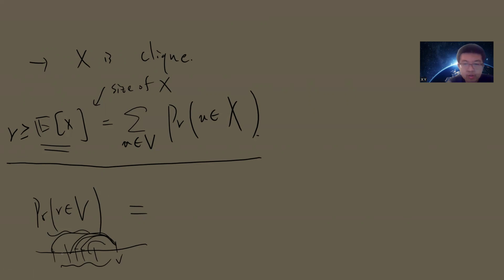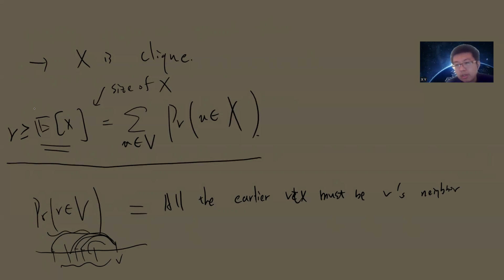So basically it says that all the earlier vertices must be v's neighbors.